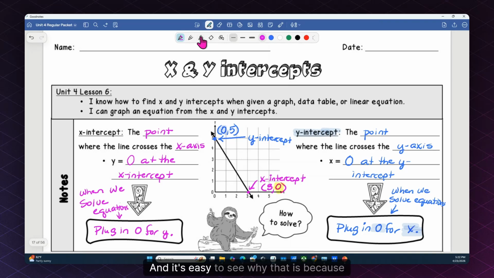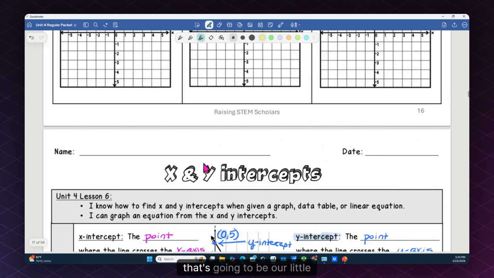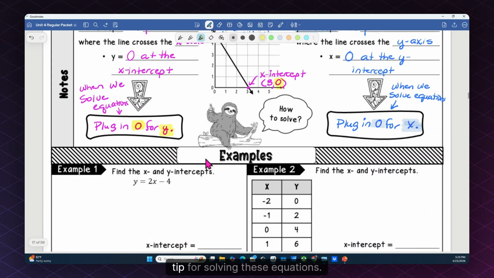It's easy to see why, because it doesn't matter where it is on the x-axis: all x-intercepts are going to have a 0 for y, all of them, an infinite number. That's going to be our little tip for solving these equations.